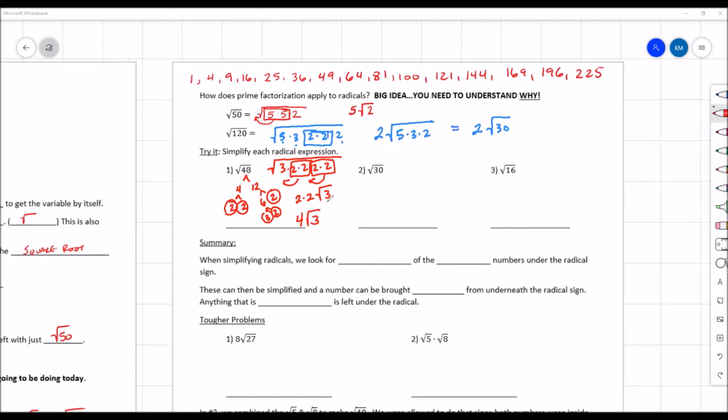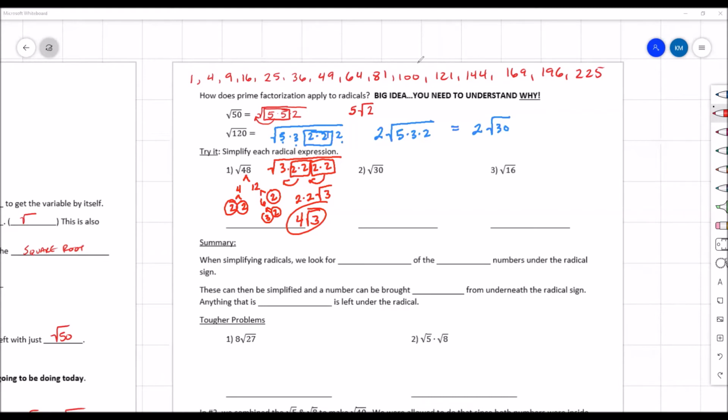Radical 3. That is radical 48 simplified. I do not have to choose the combination 4 and 12. At the beginning of this problem, I could have said, hey, 16 times 3 is 48, and done the same thing.